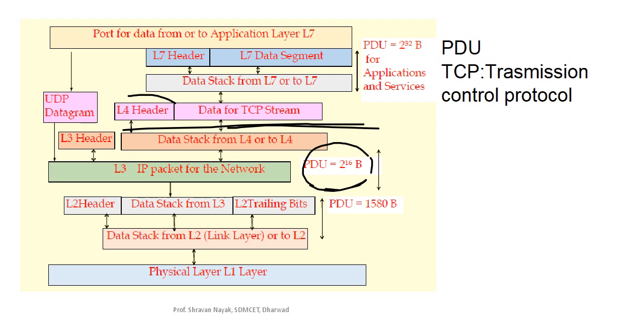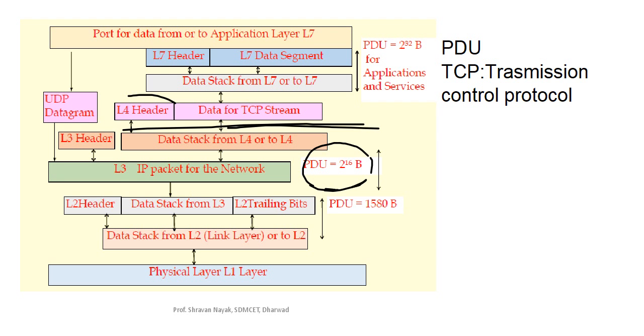The stream packetizes at layer L3 into packets. The packets sent from L3 have a maximum size of 2 to the power of 16 bytes, including the header of L3, right?